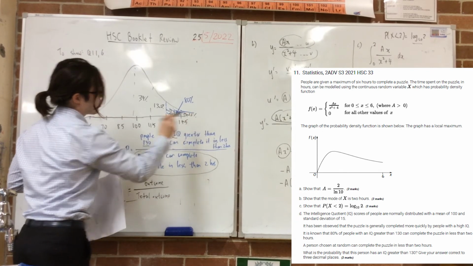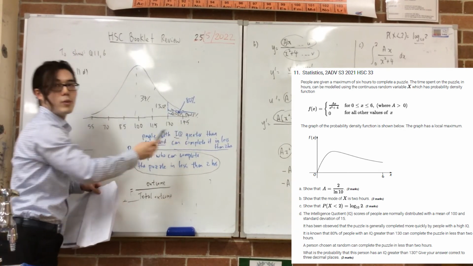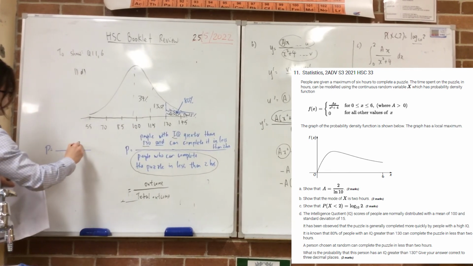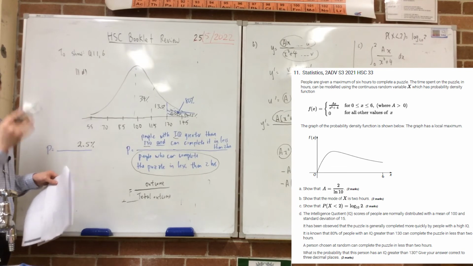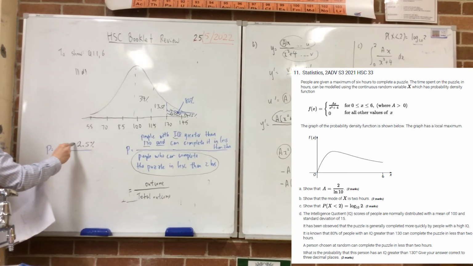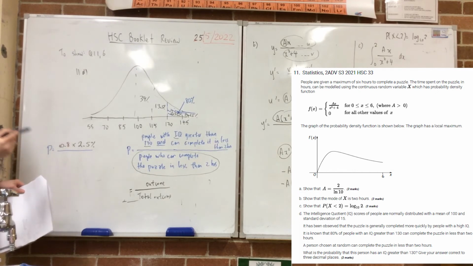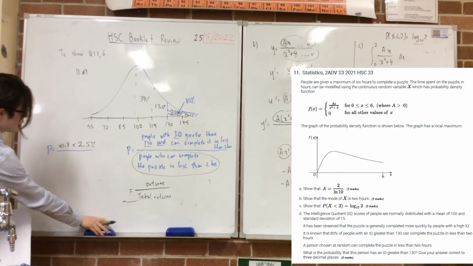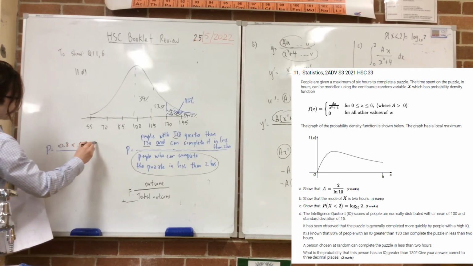So in this normal distribution, 2.35 plus 0.15, which is 2.5%. There are 2.5% of people with IQ greater than 130, but within that, only 80% of those people can complete it in less than 2 hours. So 2.5% obviously is 0.025.